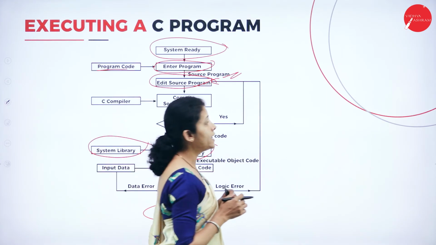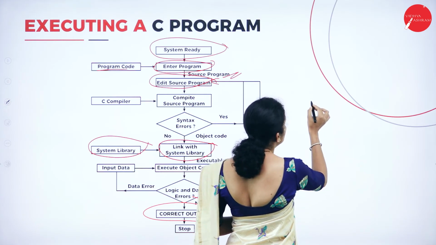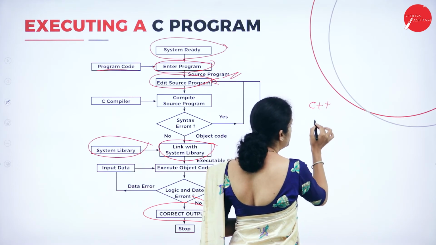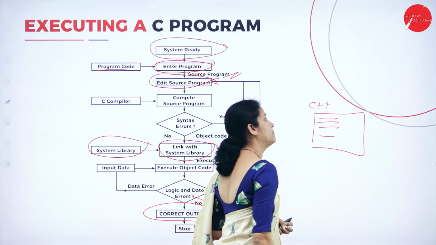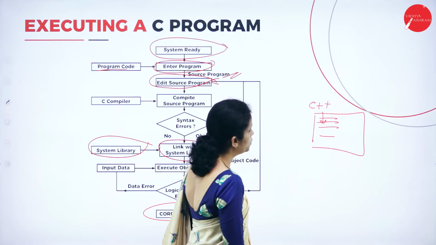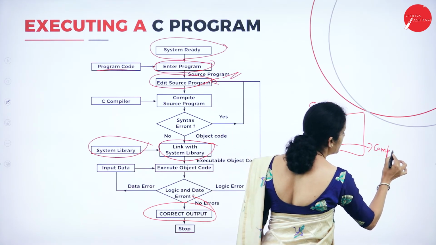So dear student, I'm going to recall the procedure here. I'm going to open Turbo C++, then I'm going to get the screen. I'm going to type the program. After typing, I'm going to save the program. After that, I want to compile the program.